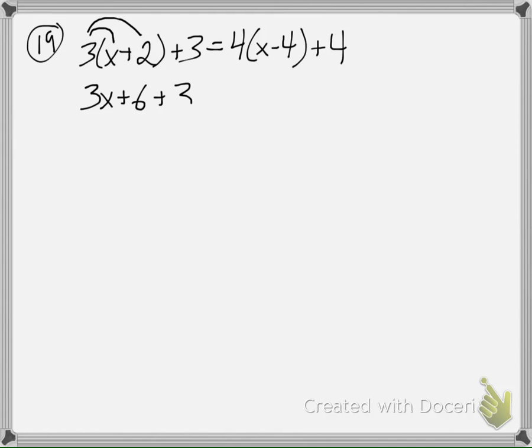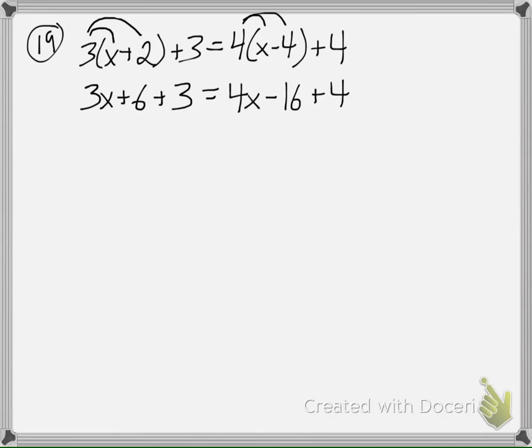Right. So on the left-hand side, we have 3 times x, which is 3x, and 3 times 2, which is 6, plus the 3. And then on the right-hand side, we have 4x minus 16 plus 4. And again, it is a positive 4 times a negative 4, so it's a minus 16.